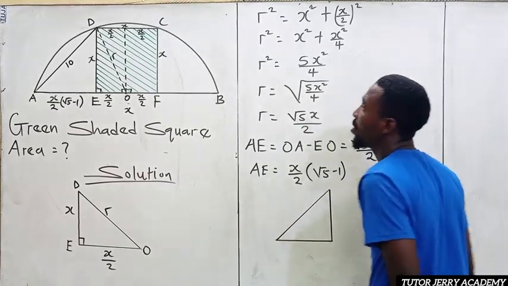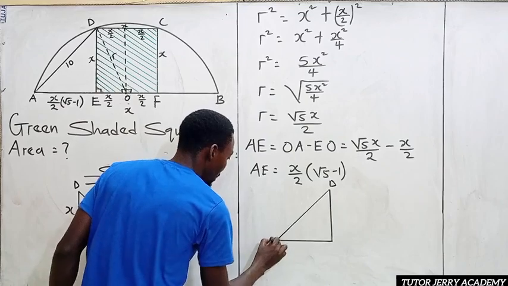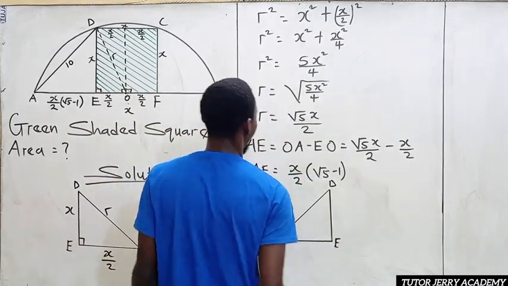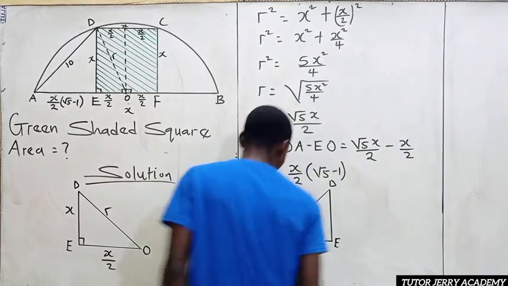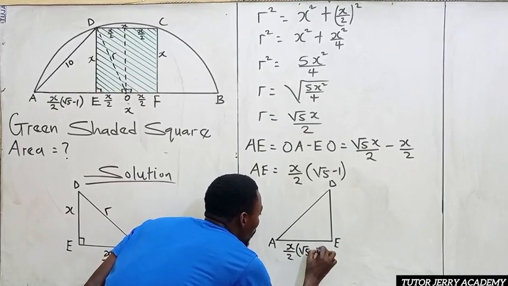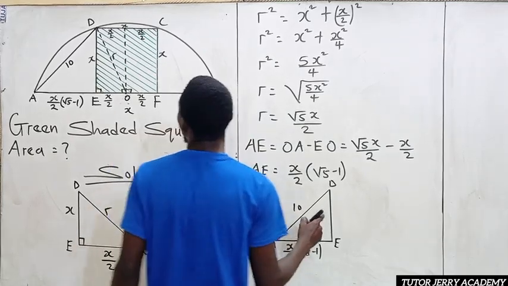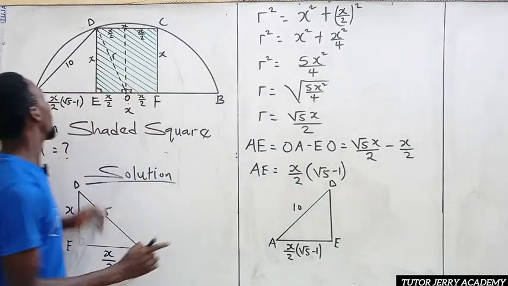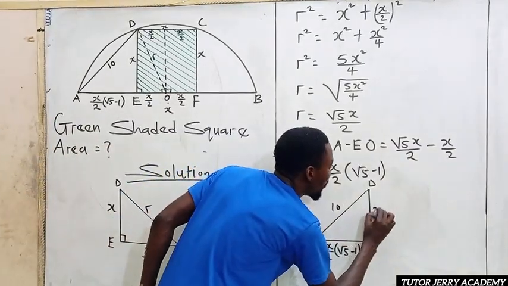We are going to have D, A, and then E. Now our AE is going to be x all over 2 into root 5 minus 1. Here we have 10, and our DE is x, which is one side of the square.